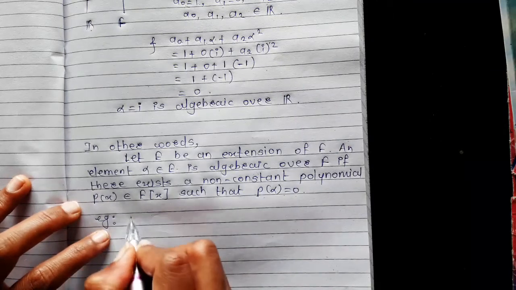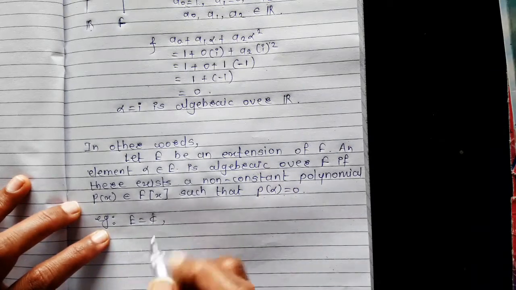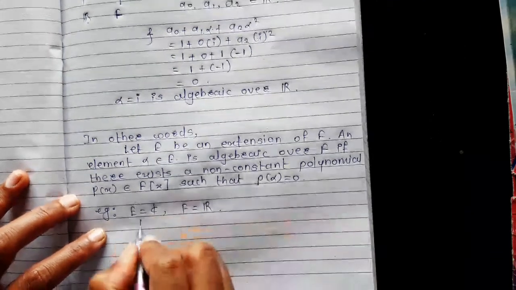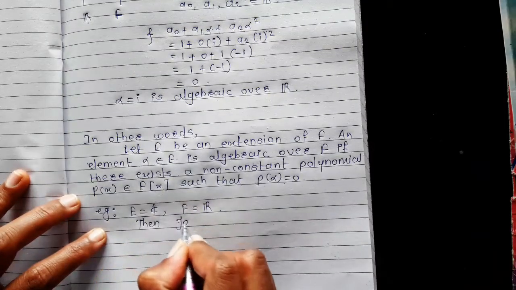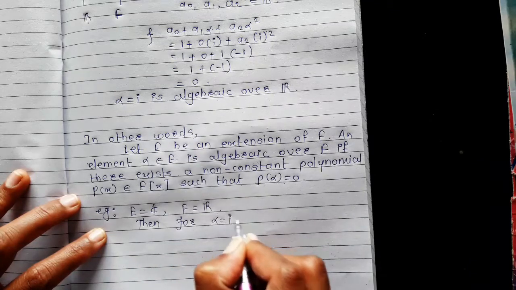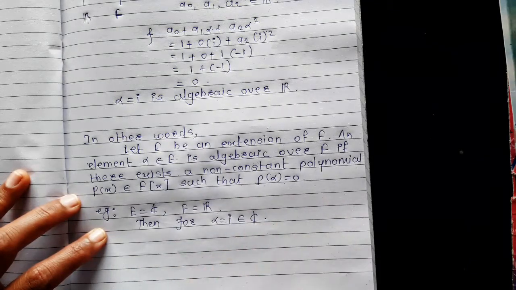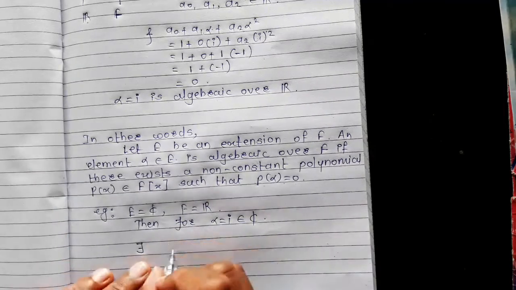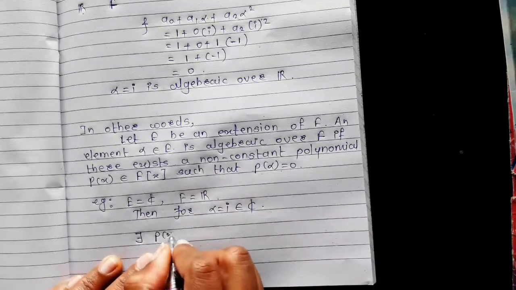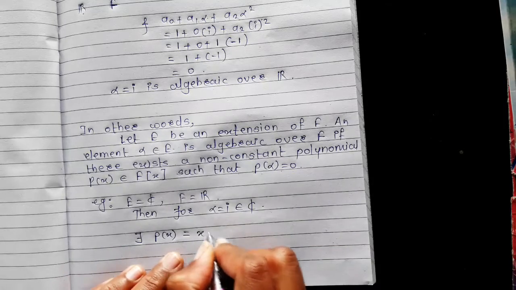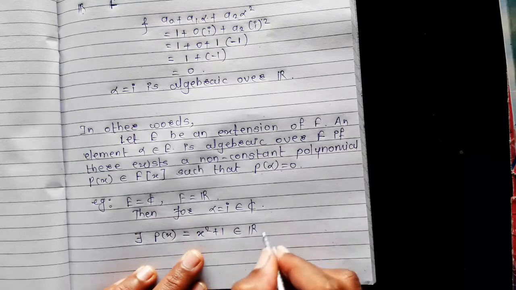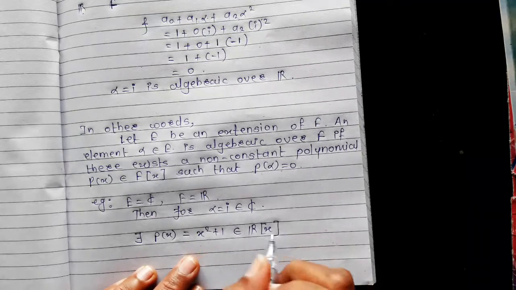Example: if we set again E equals the set of complex numbers and F equals the set of real numbers, then for alpha equals i belonging to the set of complex numbers, there exists a polynomial p of x equals x square plus 1, and this polynomial belongs to the polynomial ring R[x].